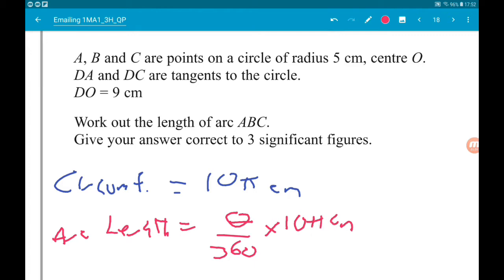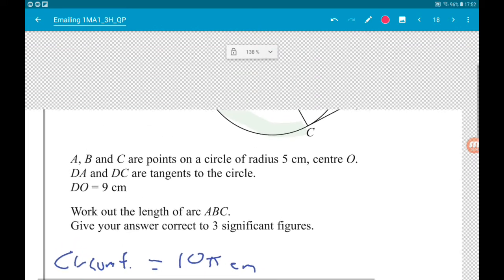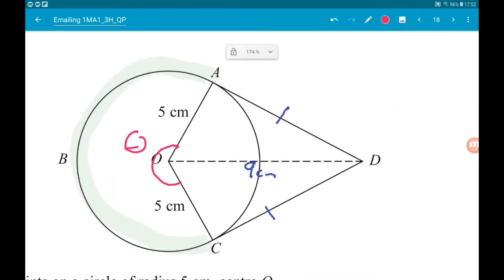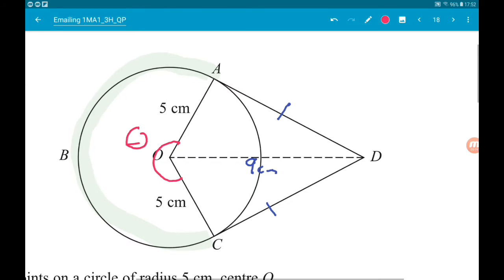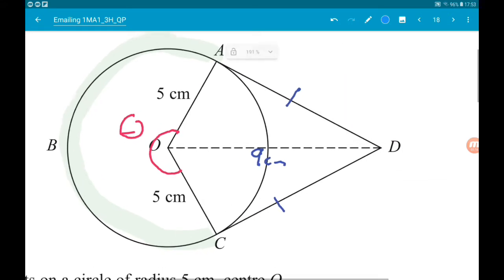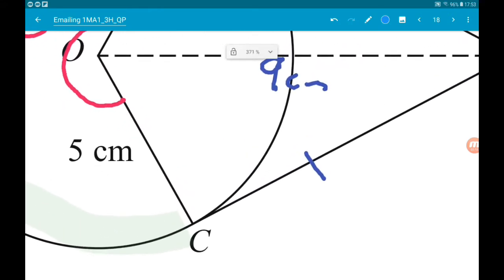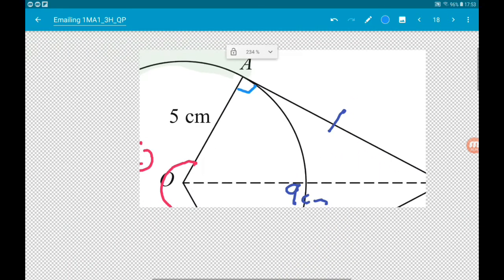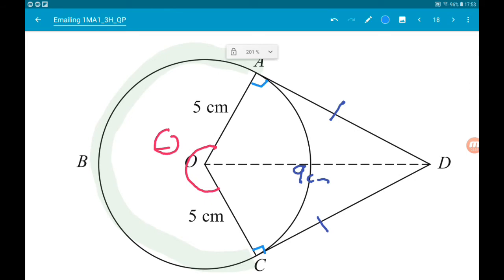Okay, so how in the world do we go about finding theta? Well, these two triangles are congruent. Now we know that because both of them have a right angle and both of them have all 3 sides the same.